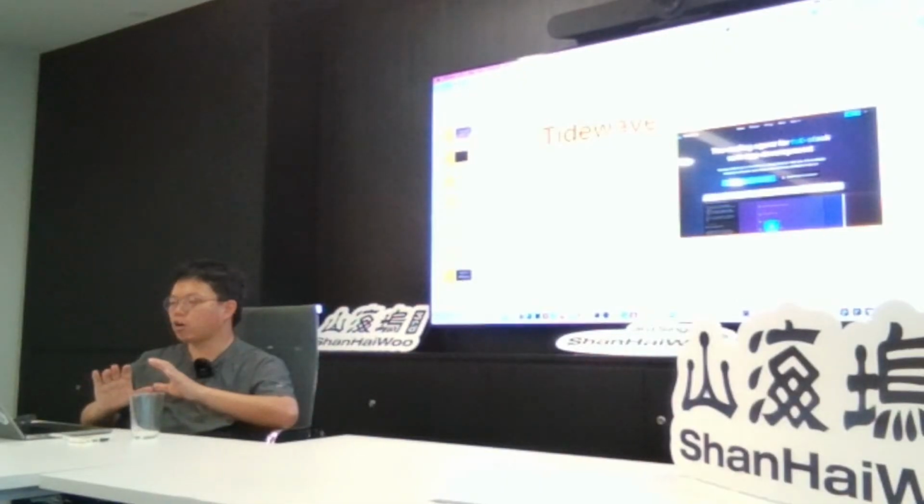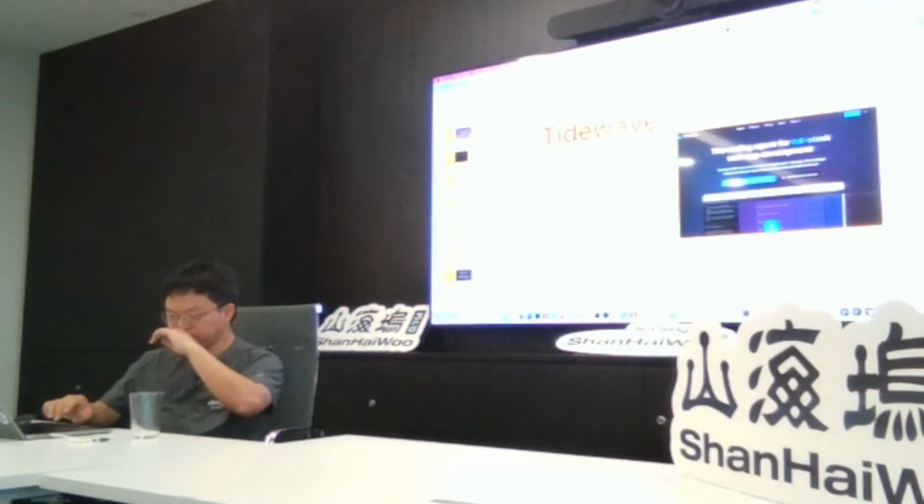Because the coding agent is in the same process as your application, it can access the internal state of your app, and it can also do debugging inside. So it's very, very powerful.